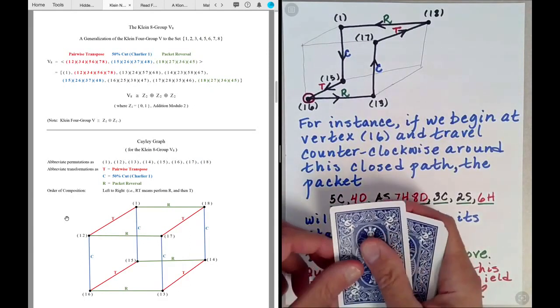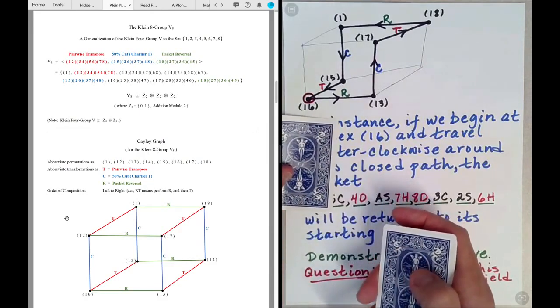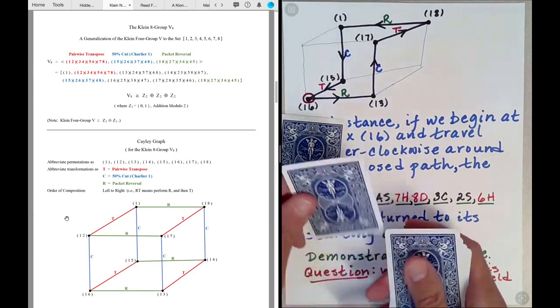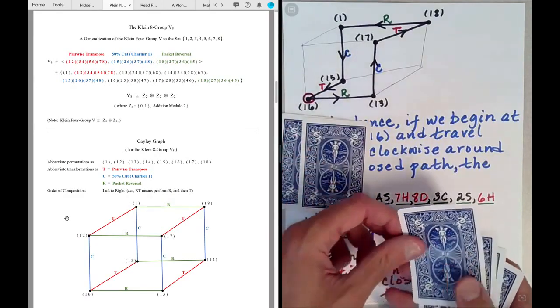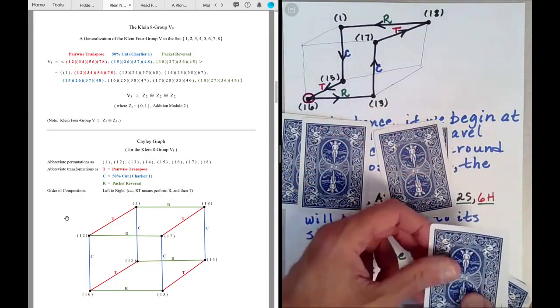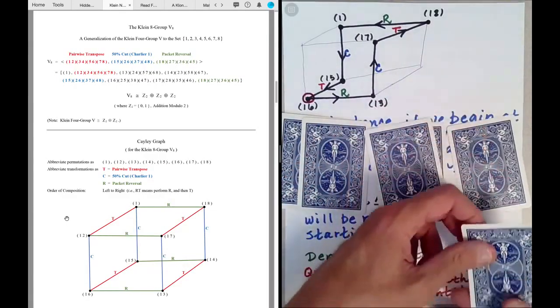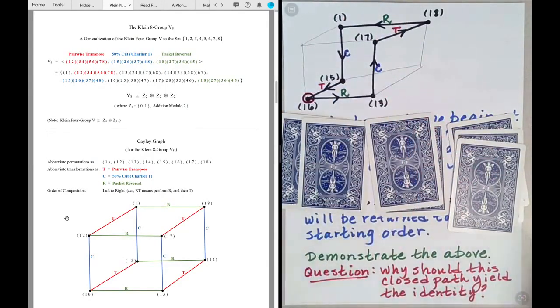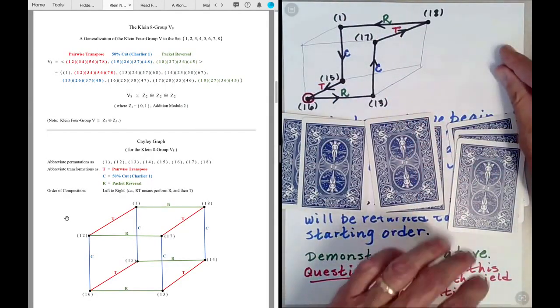If you remember, this is where you allow the spectator to tell you when to stop dealing. So maybe they say stop, and then you start dealing into a new pile. Maybe they say stop, and then you deal into a new pile. And maybe they now say stop. We've placed all the cards down, and then you stack them.